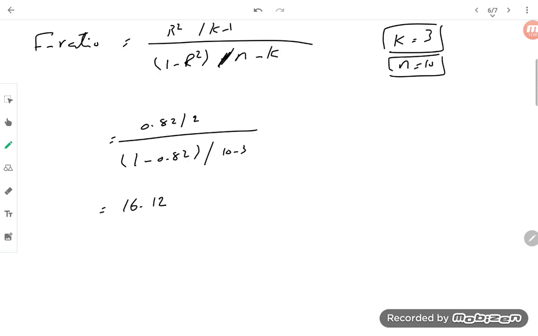Now we are going to compare the value of F calculated with F tabulated in order to decide whether the model is significant or not. F tabulated using the degrees of freedom 2 and 7 is 9.35.